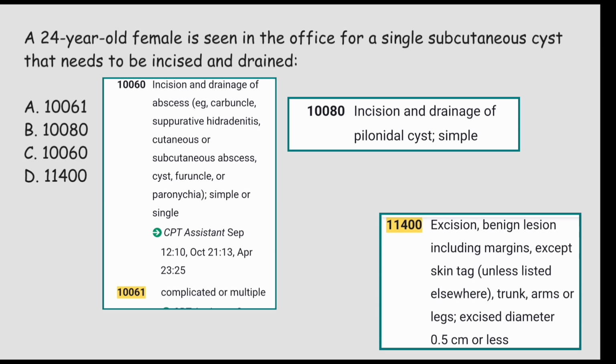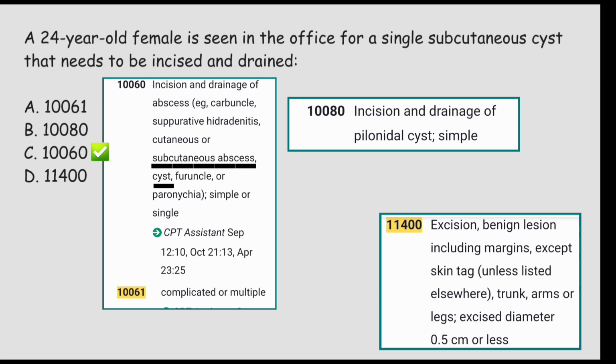The right code is 10060, which is in option C, because the code 10060 is for incision and drainage of abscess. In the question they have mentioned incision and drainage, and the incision and drainage is of a subcutaneous cyst. In the code 10060 they have mentioned incision and drainage of abscess, for example, subcutaneous cyst is mentioned.